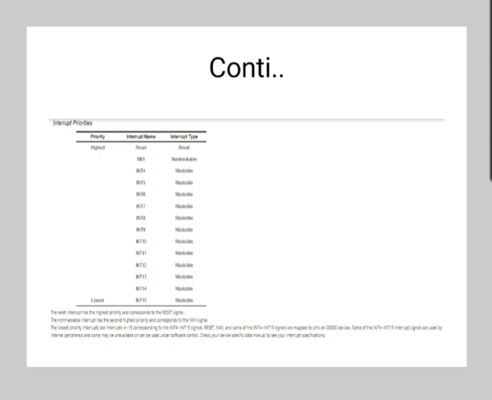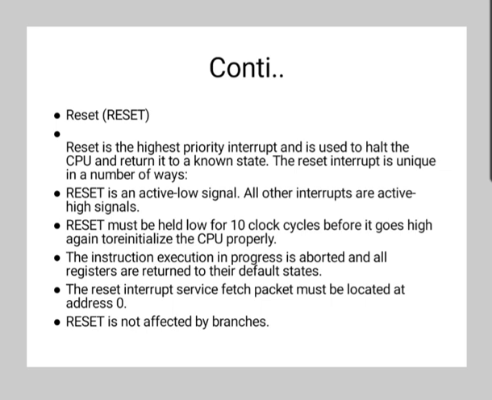So first we will see reset, or reset bar. The reset is the highest priority interrupt and it is used to halt the CPU and return it to a known state. The reset interrupt is unique in a number of ways. Reset bar is an active low signal. All other interrupts are active high signals.